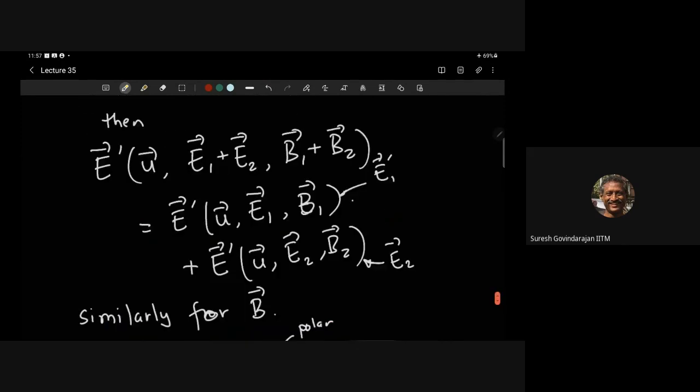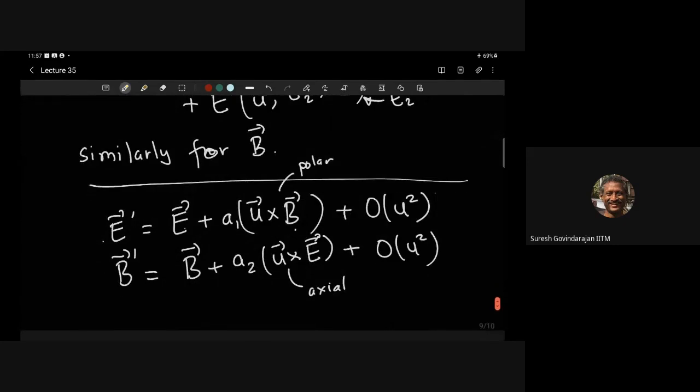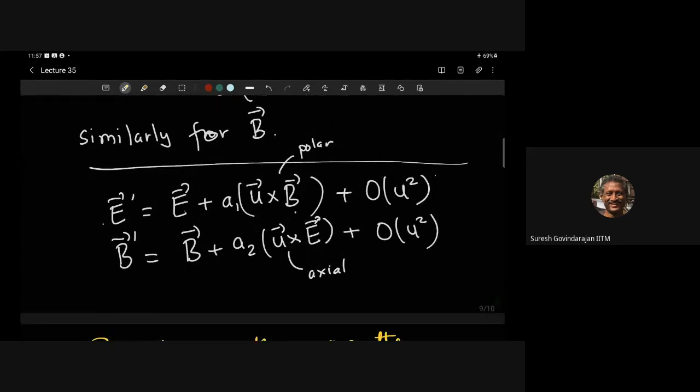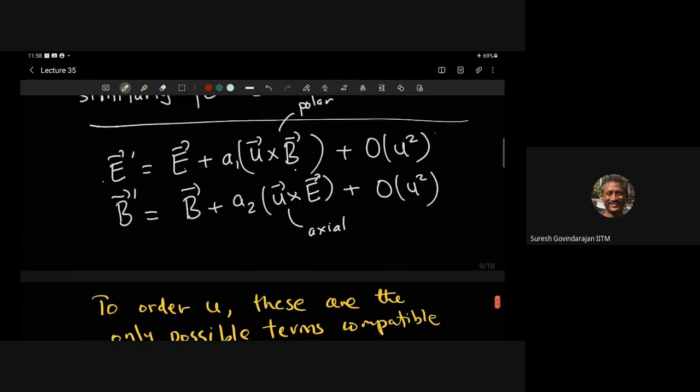What are the properties? If you switch off U, it goes off. So when you turn on U, I'm just writing something like this. So we get A1 and A2, which are just some constants that we have to fix. We will do that in a moment. But all I'm saying is that these are the only terms I can write. I cannot write any more. So next lecture, which is the day after tomorrow, we'll work out what these constants are. We'll work out everything to order U and then ask what that means.